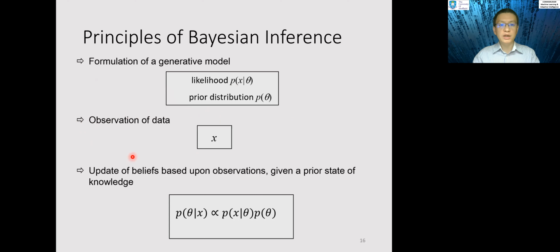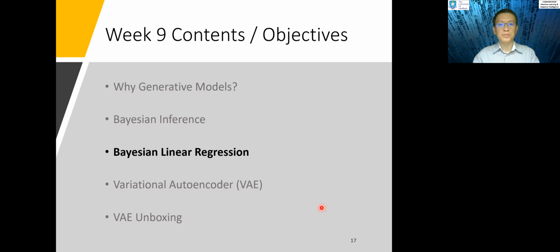After observing this data, we will update our beliefs based on these observations and consider the prior state of knowledge. And this gives us the posterior estimation of the model, which is proportional to the product of likelihood and prior distribution. So that is Bayesian inference.